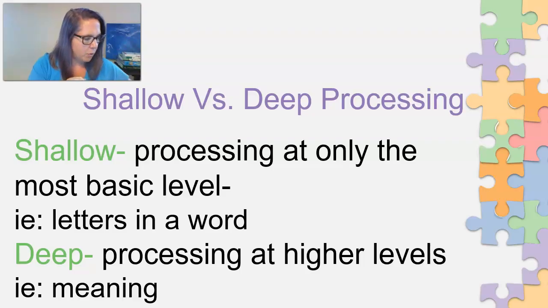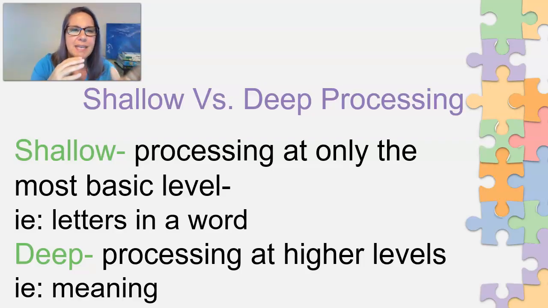The last thing I think we're going to talk about here is shallow versus deep processing. And again, a set of confusing pairs here. So shallow processing is processing things at just the very basic level. So remember when I asked you how many F's were in that sentence. So that's shallow processing. Right?